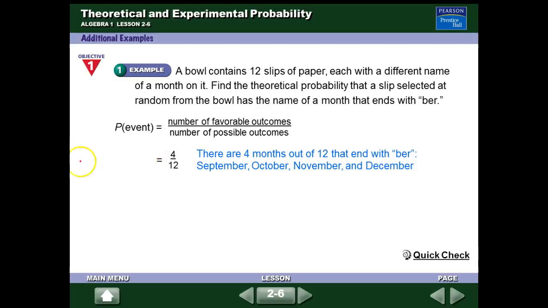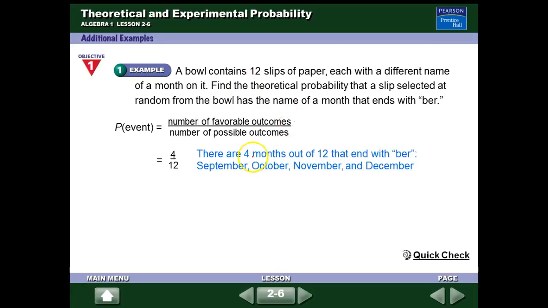January, nope. February, no. March, no. April, no. May, no. June, no. July, no. August, no. September, yes. October, yes. November, yes. December, yes. So there's the number of favorable outcomes.